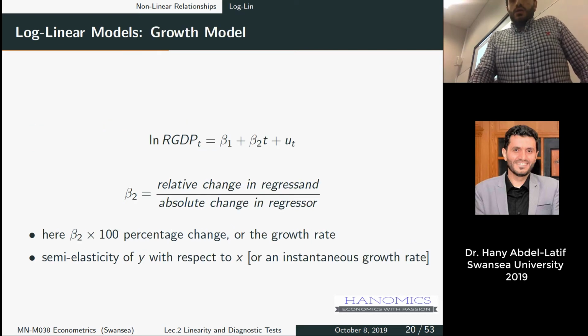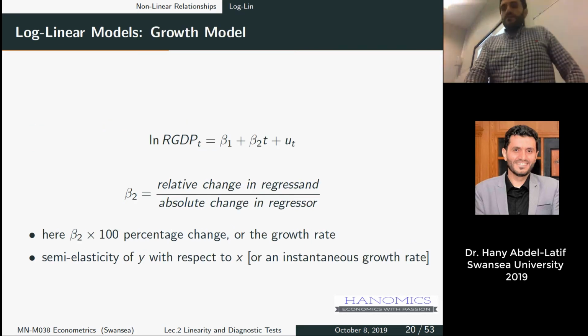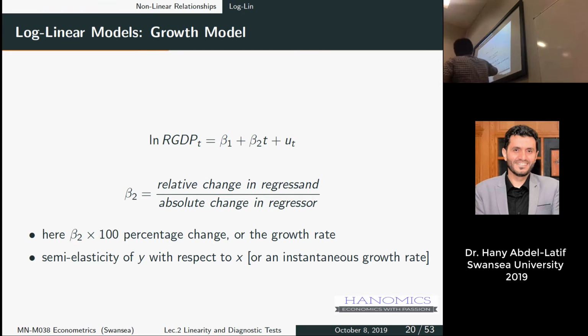That's very popular with growth models. Let's say, for example, this is the log of real GDP on the left-hand side, and on this side is t, which stands for time. You're looking at time in units, let's say since 1990, so 1990, 1991, you count 1, 2, 3, 4, 5 till today.